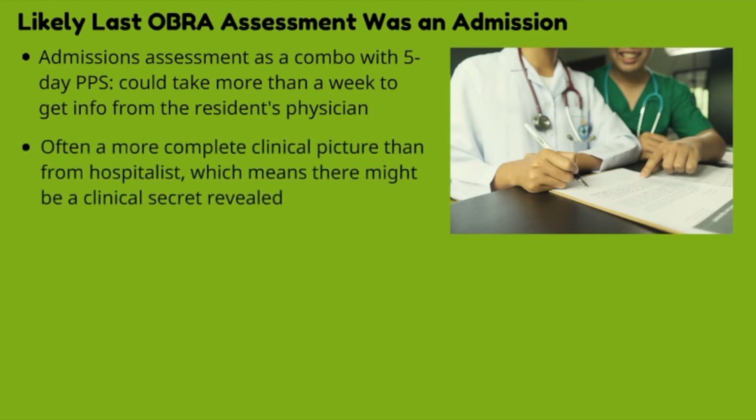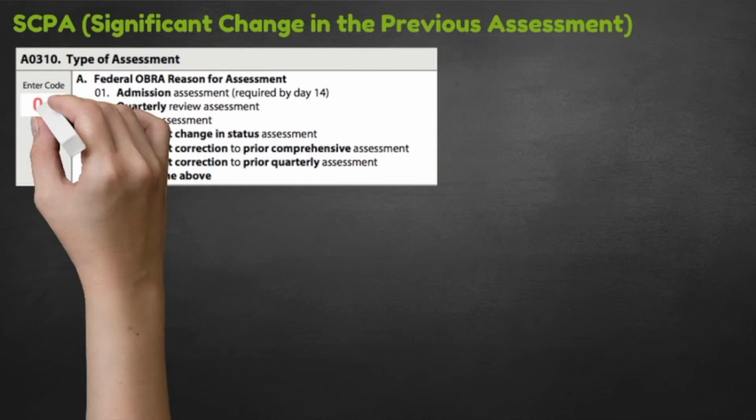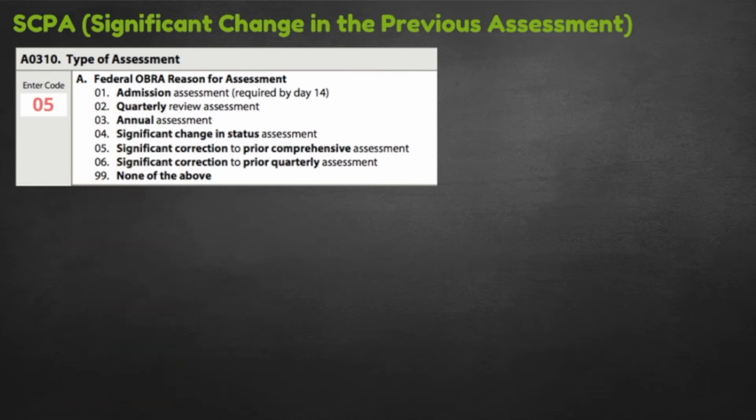This is often a more complete and detailed clinical picture than the hospitalist sought out, which might be that a clinical secret is revealed. In this case, you have an SCPA, significant change in the previous assessment, A0310A equals 0.5, which is also a comprehensive assessment.